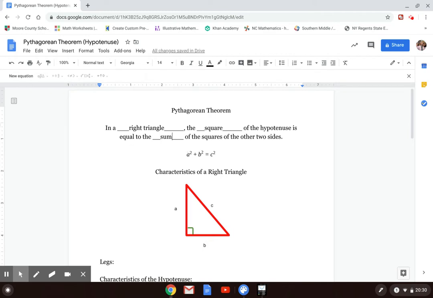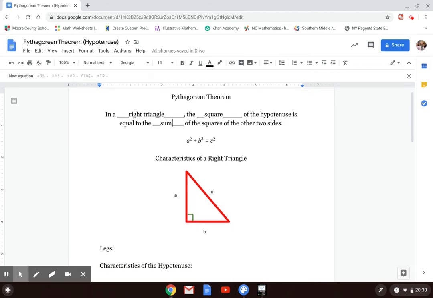So that's what you have here in a squared plus b squared equals c squared. If you look down here at the characteristics of a right triangle, it has three sides. So you have side A and side B, which is the sum of the squares of the two sides. And then you have side C, which is the hypotenuse, the square of that side, the c squared.